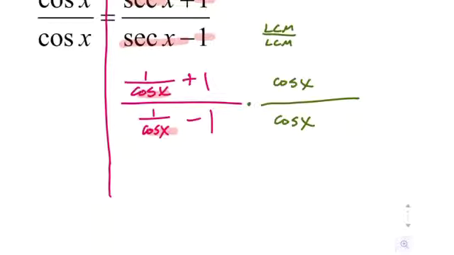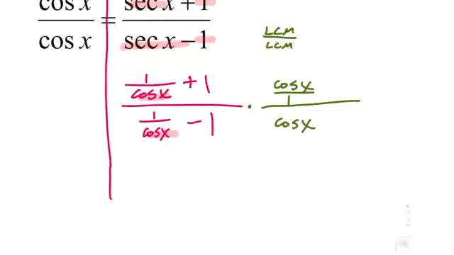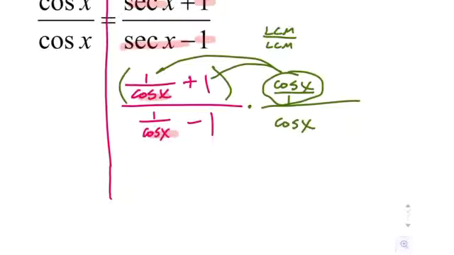Now, because you have layers, remember I talked at the beginning of the year about having upstairs, downstairs? Okay, the main division bar is the subfloor between the upstairs and downstairs apartment. In the upstairs apartment, though, we have bunk beds. See that? So if you want to put cosine of x over 1 so that now he's on a bunk bed, what you're doing is you're distributing this to both terms, okay, upstairs.